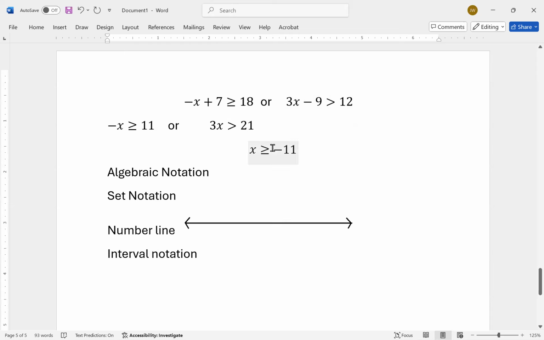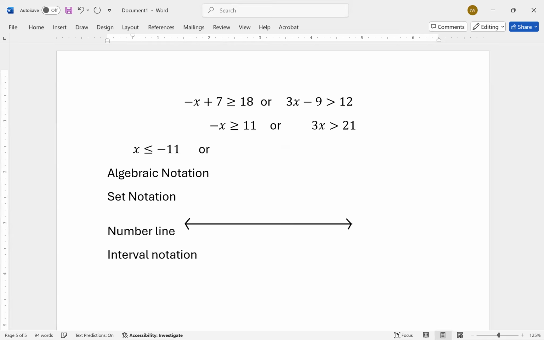Oh, I did that again, didn't I? I'm sorry. I said I needed to flip the inequality symbol there, and I did not flip it. This is what happens when I get going too fast. So, my apologies.